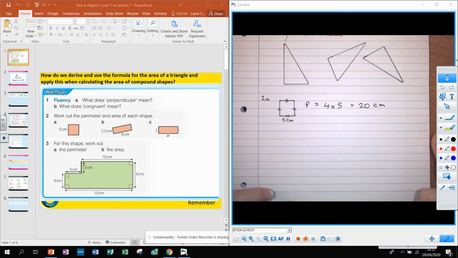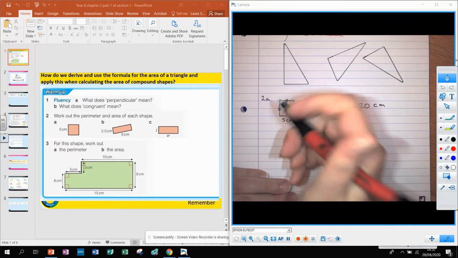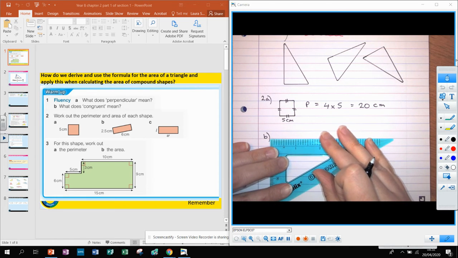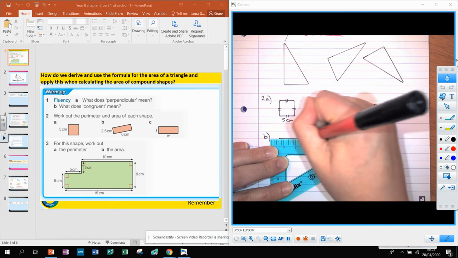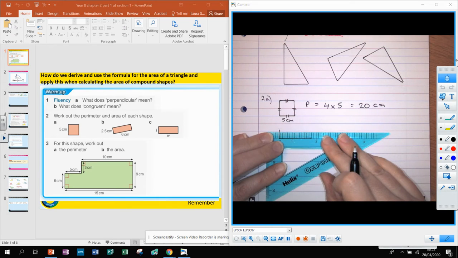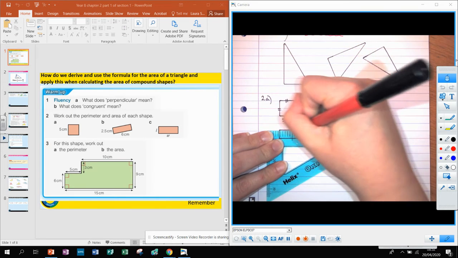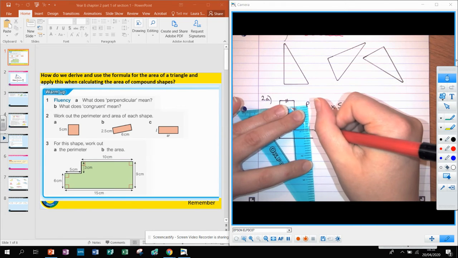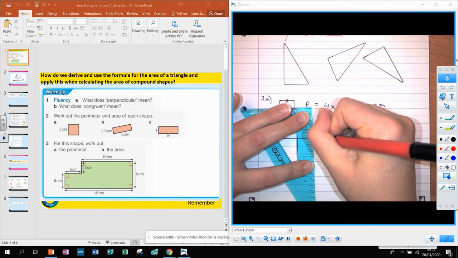When we look at part B, we've got another rectangle. I say another rectangle, you might be questioning that because we just had a square. Well, a square is a special type of rectangle because it still has 4 sides and it still has all right angles.